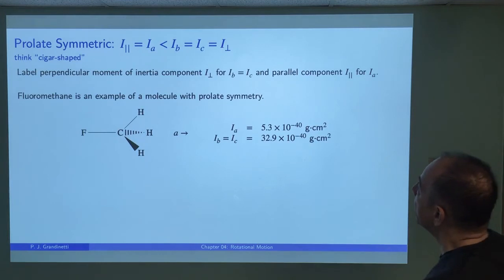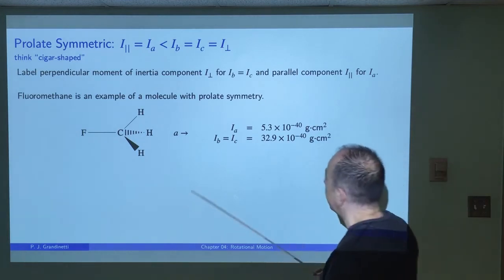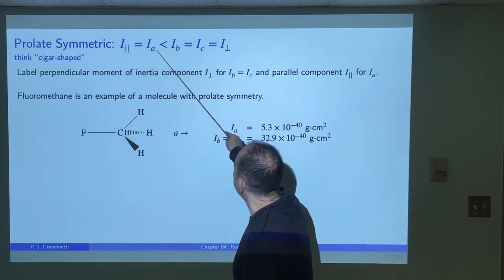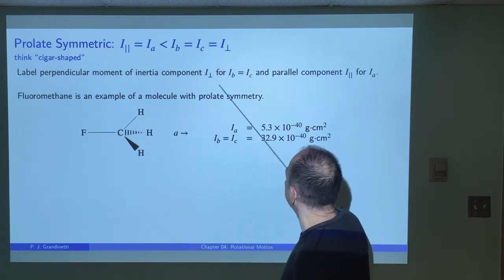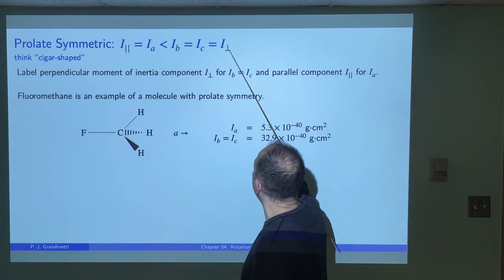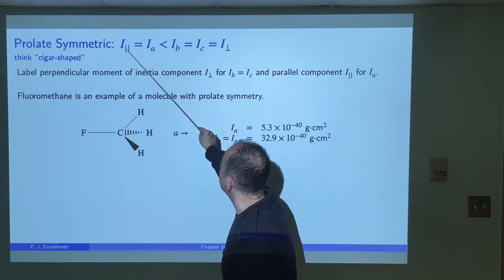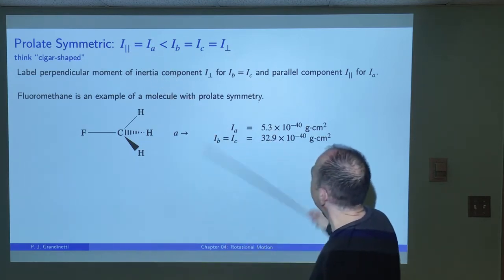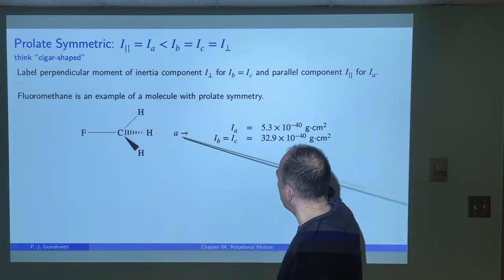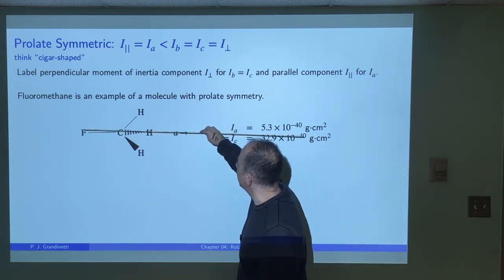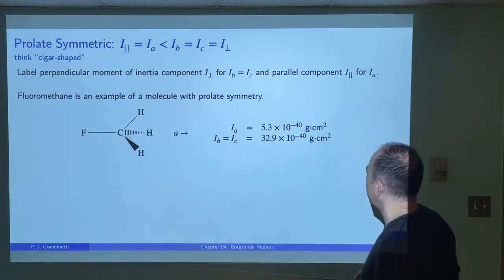So in the prolate example, where A is smaller than B and C, which are equal to each other, we're going to label the two equal ones as I perpendicular, and A, which is the unique one, is I parallel. An example of that would be fluoromethane. Here you see the drawing of the molecule, and this is the direction of the A principal component axis.